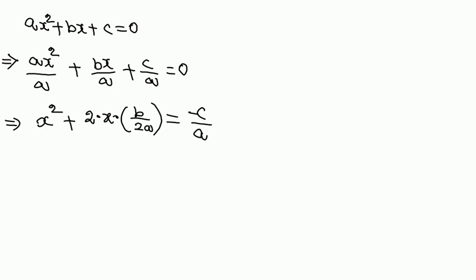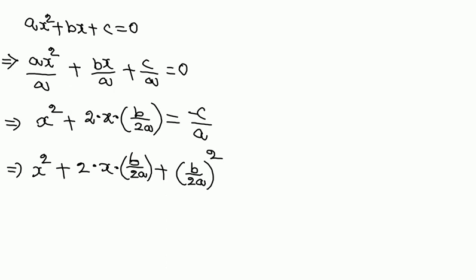So now if you add both sides b by 2a whole square, then x square plus 2 into x into b by 2a plus b by 2a whole square is equal to this side also b by 2a whole square. That means b square by 4a square minus c by a.